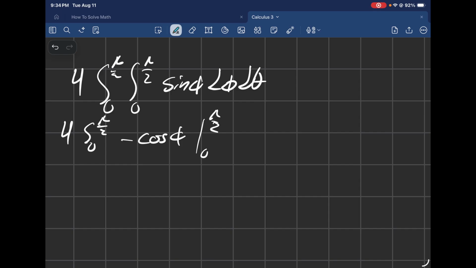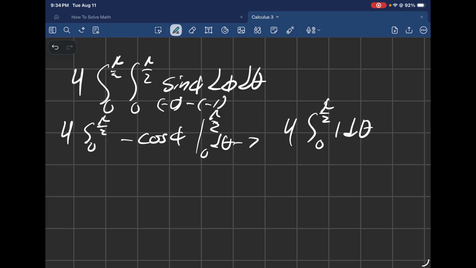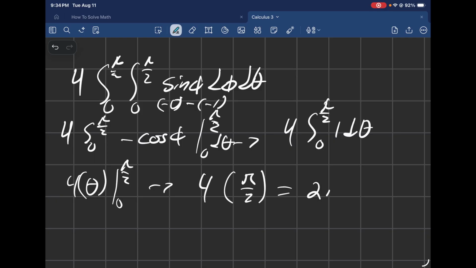So we're going to get negative 0, which is a 0, minus negative 1, which is just going to be positive 1. So this would be 4 times the integral from 0 to pi over 2 of 1 d theta, which will just be 4 theta from 0 to pi over 2. And pi over 2 minus 0 is just pi over 2. So this is going to be 4 times pi over 2, which in the end is just 2 pi.